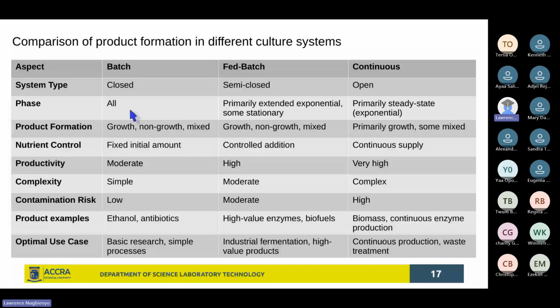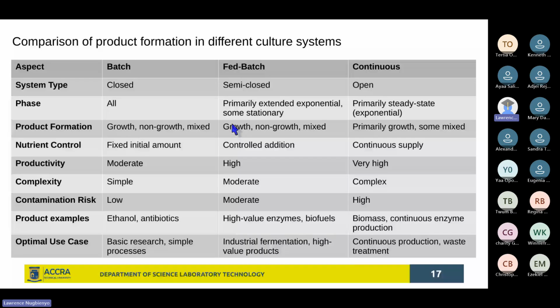How about fed batch? What does a fed batch system do? The fed batch system extends the exponential phase, because it keeps introducing medium into the reactor, and that extends the exponential phase. More and more of the cells are going to be produced.